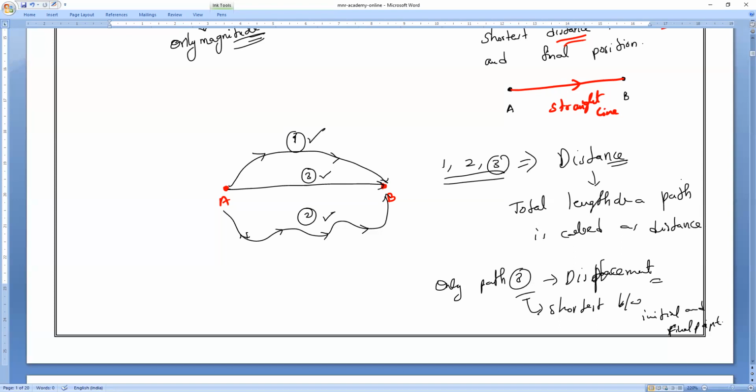Yes, sir. That is what you have to remember. Please note down.